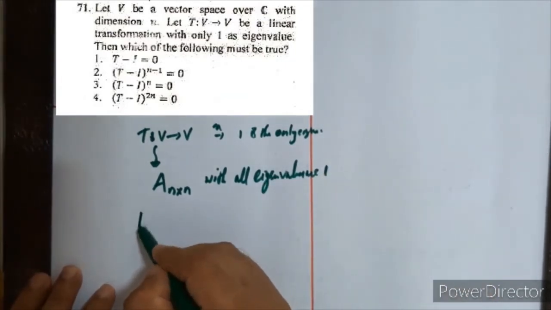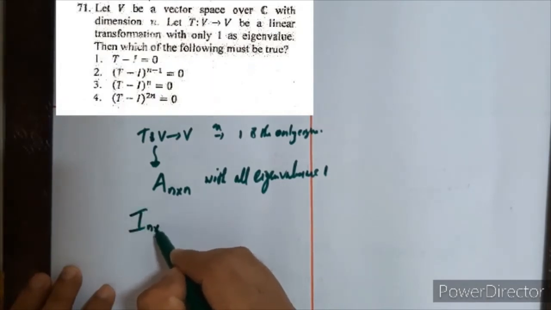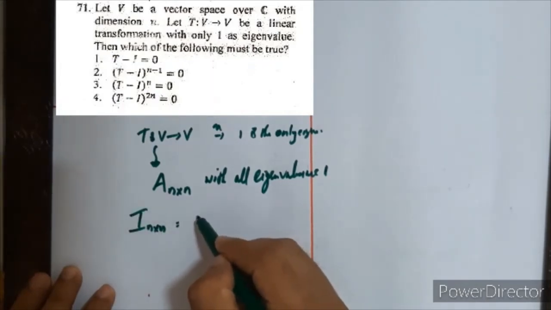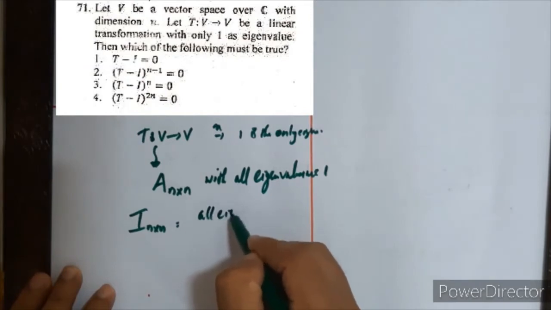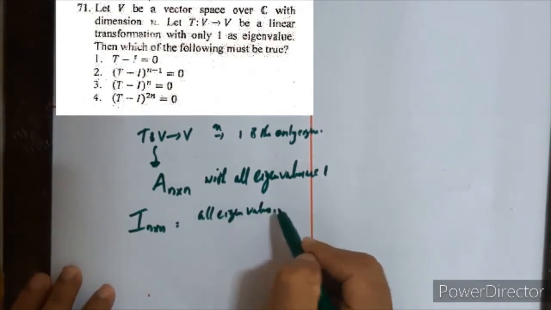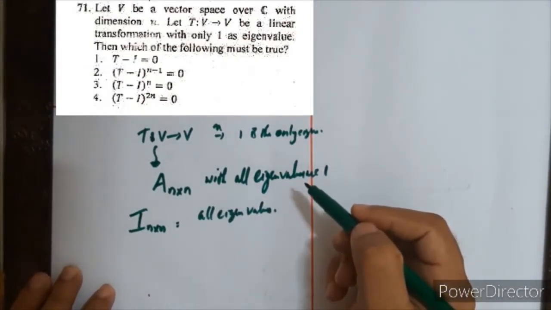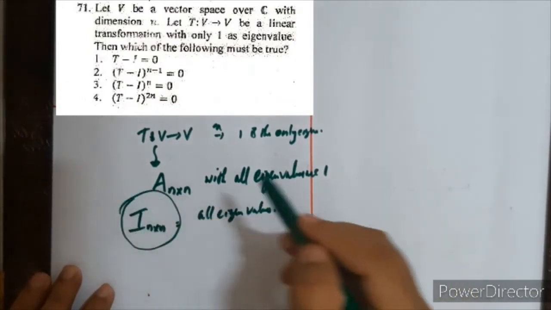We know that the n by n identity matrix I has all eigenvalues 1. Then options 1, 2, 3 and 4 are true, but this is not the only case.